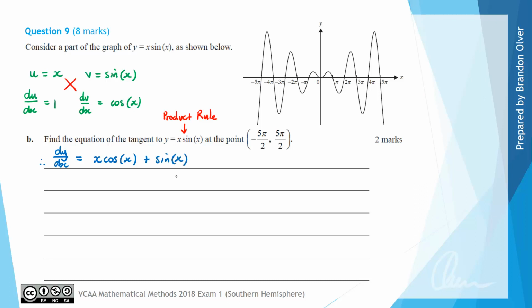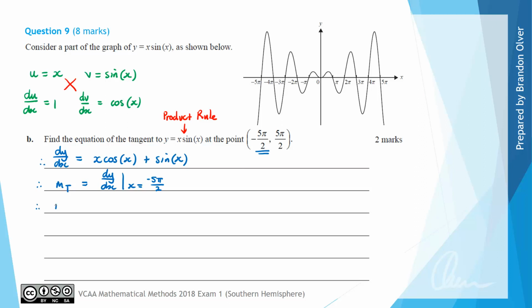So that's the derivative. Now to work out the gradient of the tangent, we just evaluate the derivative dy/dx when x is equal to negative 5 pi on 2. So we sub in the x value here into our derivative.